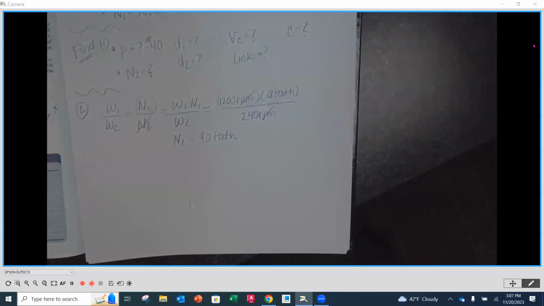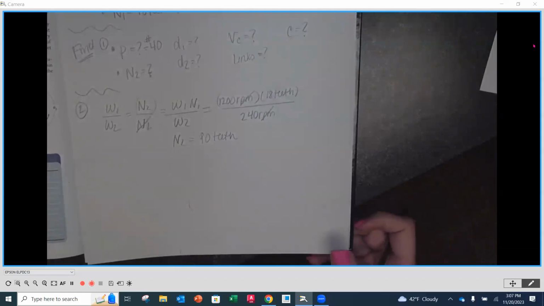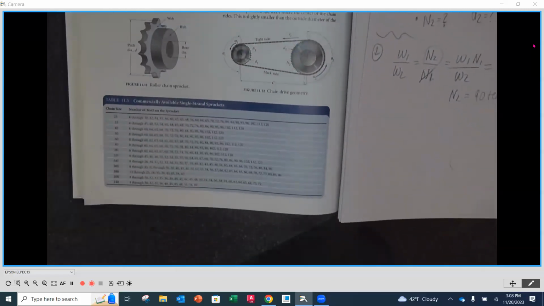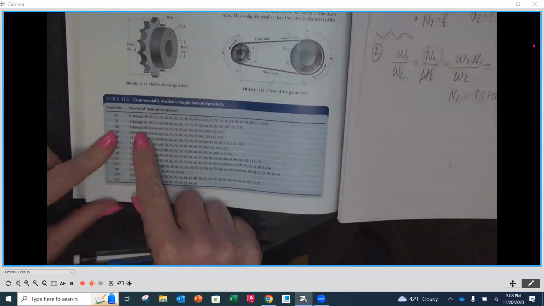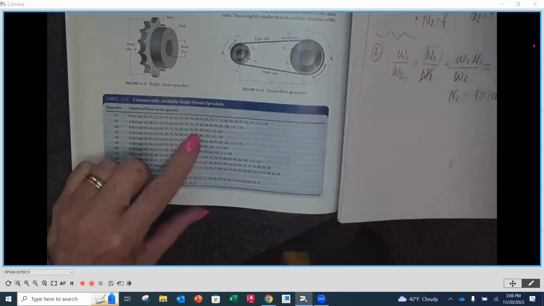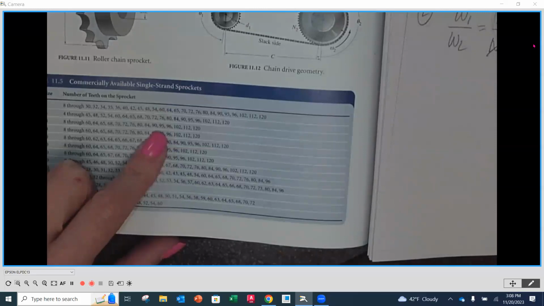Now, we need to find out, is that a standard number of teeth for number 40 sprocket chain? So we're going to look on table 11.5. We're going to find number 40 chain. We're going to go over. Oh, look at that. We've got a 90. So what that means is we don't have to recalculate or try to pick something closer.